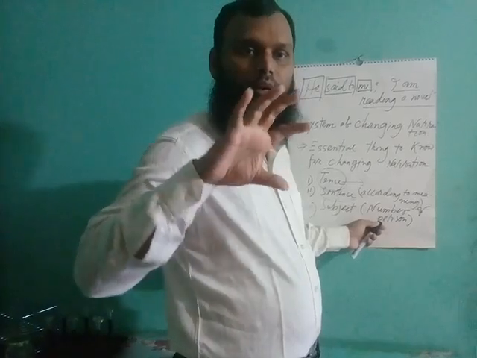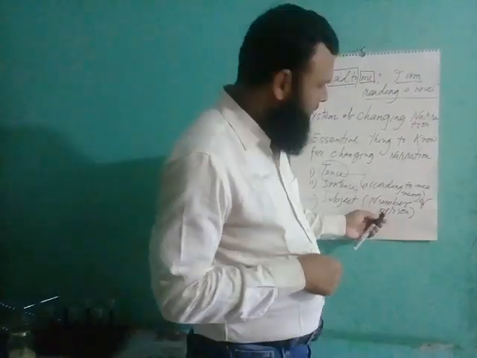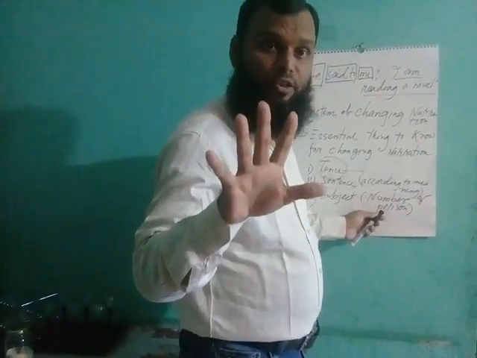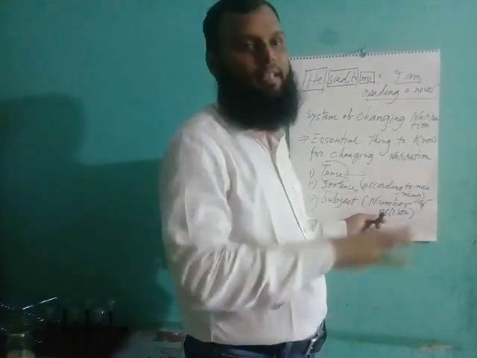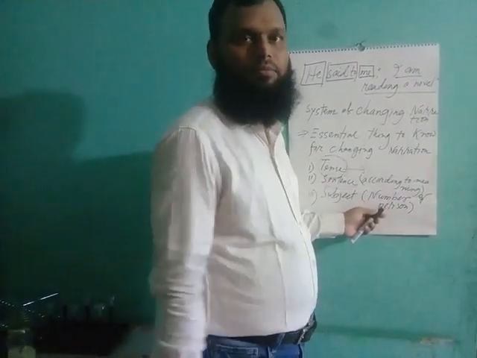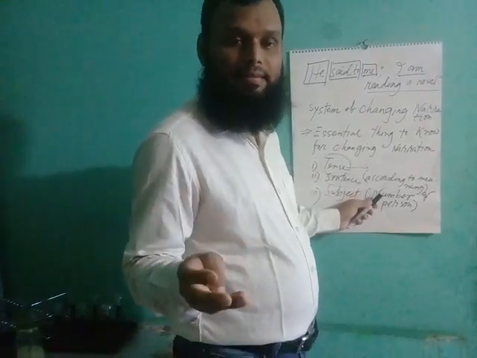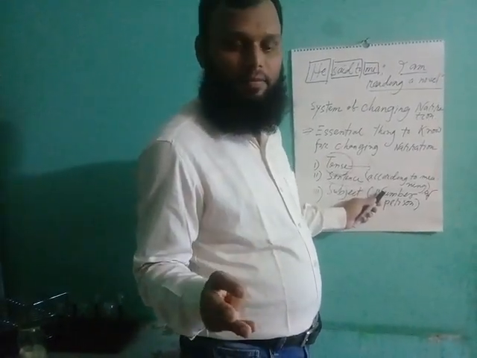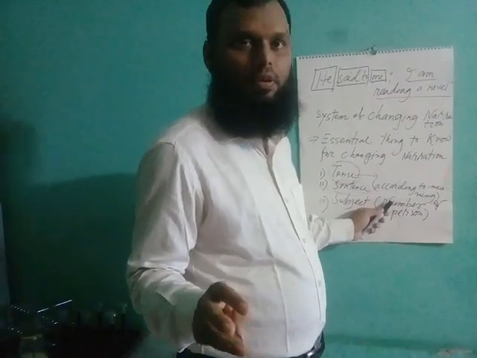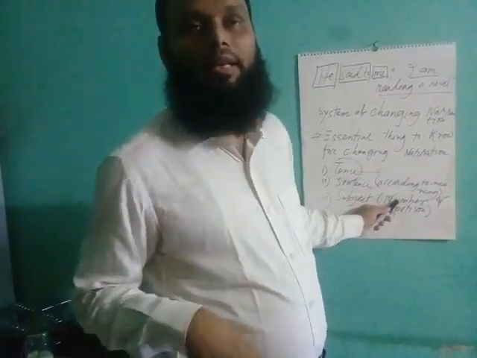In our previous classes we have also discussed sentences. Shortly, I just want to remind you that there are five kinds of sentences according to meaning: assertive, interrogative, imperative, optative, and exclamatory.